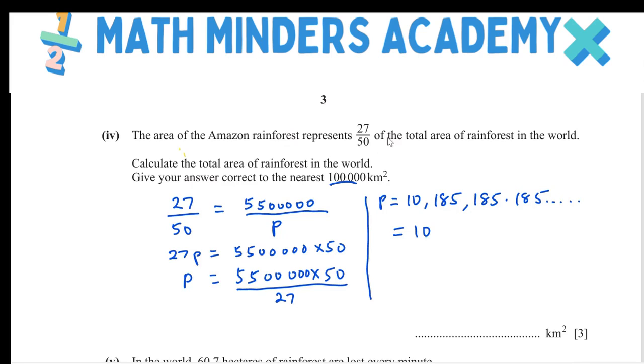So to the nearest 100,000, we are going to have 200,000. So this is what we get, and that will represent the total area of rainforest in the world to the nearest 100,000 square kilometers. So enter the answer here.